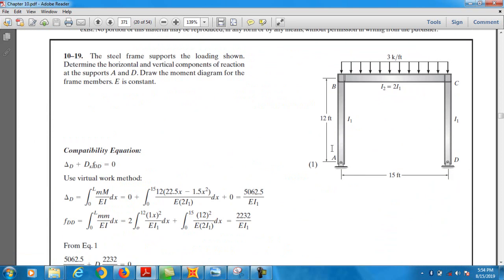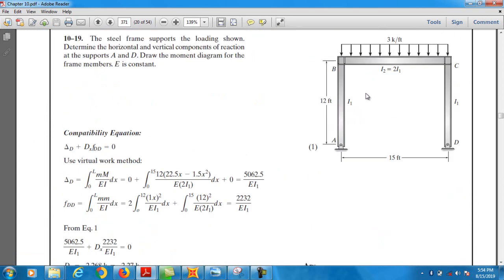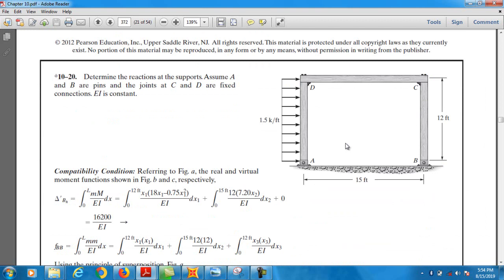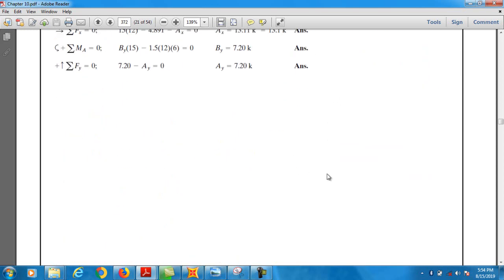So this is the example which I attempt here. You can say this is a one bay, one story frame. There is one bay and one story, and there is a UDL. D and C are fixed, and A and B are hinge supports. Clear? So let's see, we will do it.